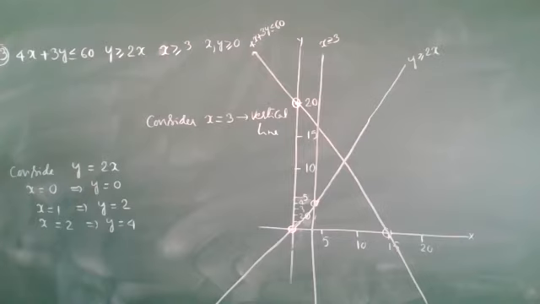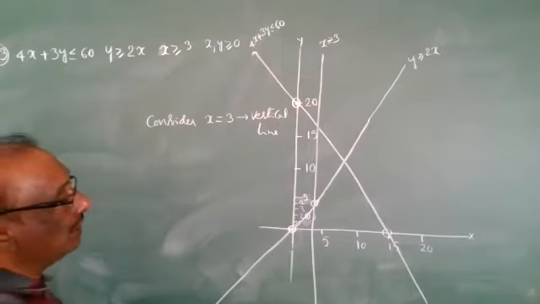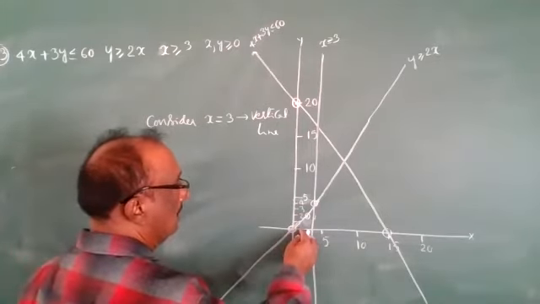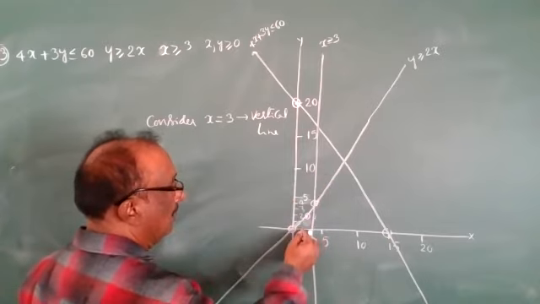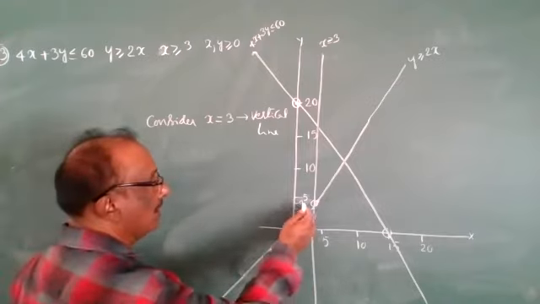The origin we can't take. We should take a point other than the origin. Here we select a point inside all three lines. Selecting 1, 2 or 1, 3, we select 1, 3.